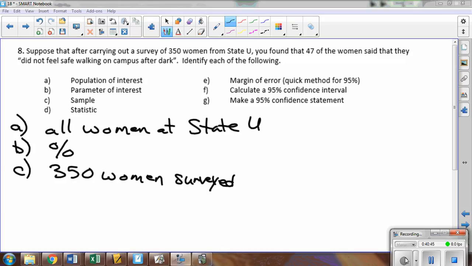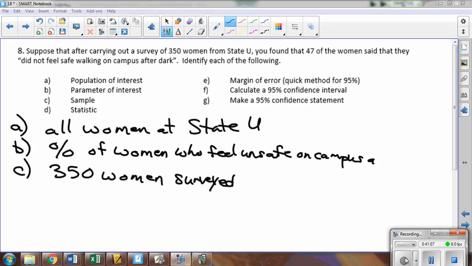Later in the year, we'll come back and do confidence intervals for other things besides percentages, but right now, we are looking only at the percentage, and it's percentage of the population. Percentage of the women who feel unsafe walking on campus after dark.